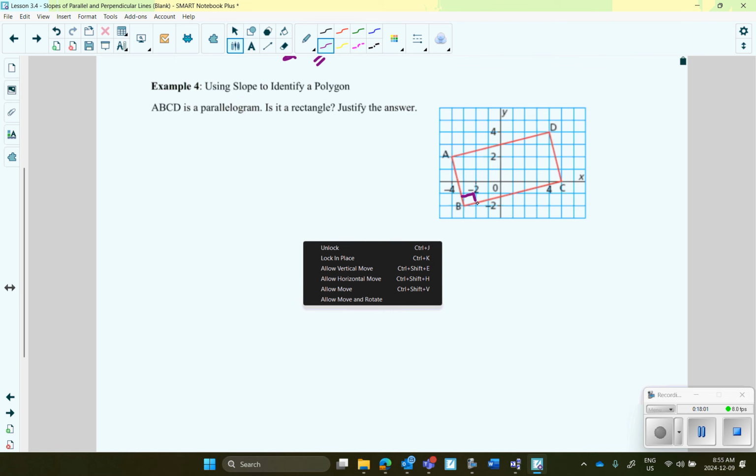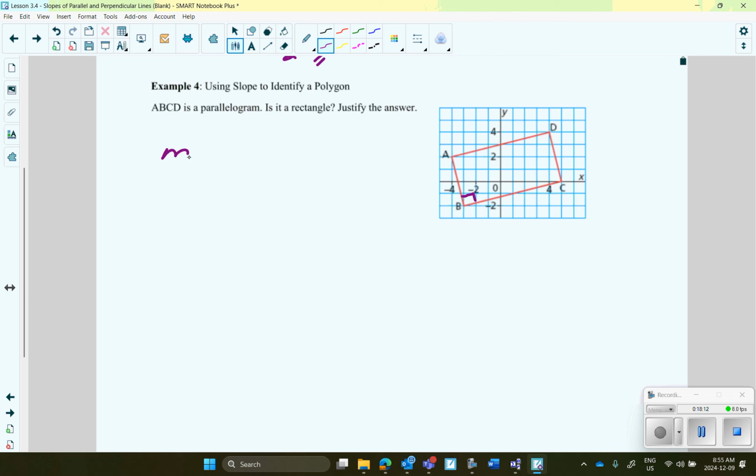So what does that mean? I got to prove that this is perpendicular to this. So that means I can use slopes. If I found the slope of AB, which I can do by rise over run because I'm given the graph, and if I find the slope of BC, and if they're negative reciprocals of each other, it's got to be a rectangle.